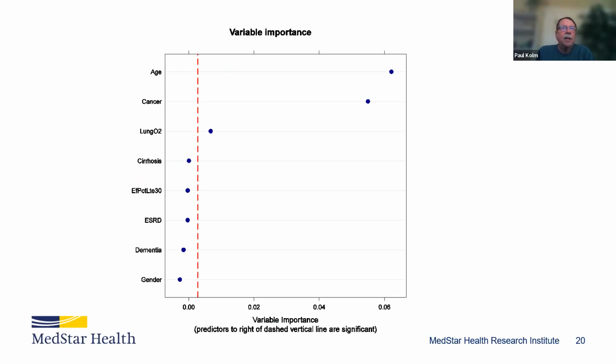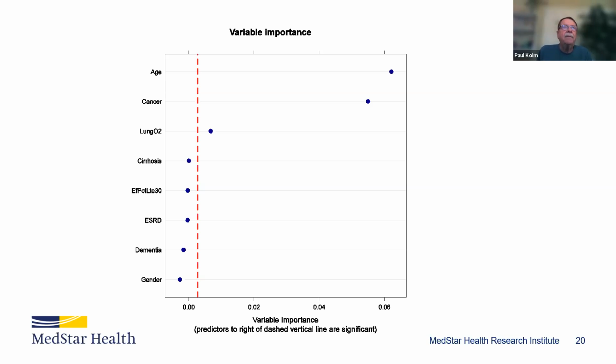In the application I did here, I just picked out a few. It lists the variables in order of importance. All the variables to the right of the vertical line here would be the important variables, or statistically significant. If they're on the left side of the vertical line, then they're not so important.